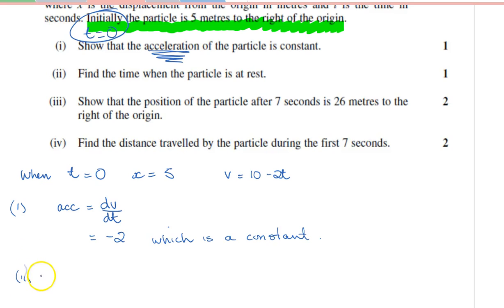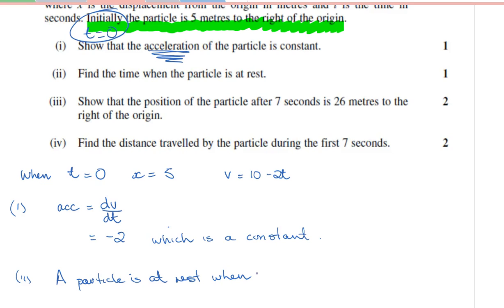Part 2, find the time when the particle is at rest. When a particle is at rest, what do you know? It would stop moving. Zero speed.